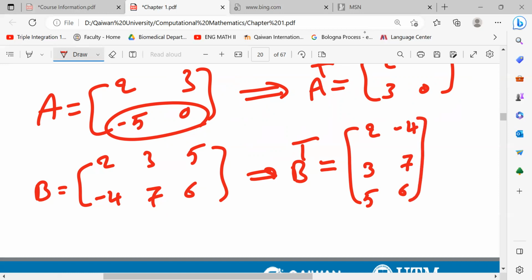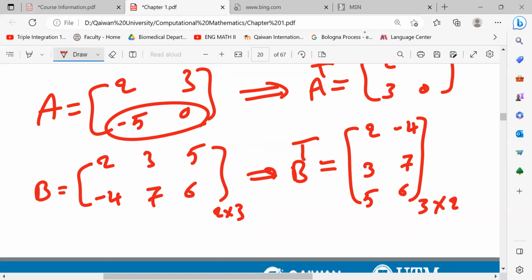As you see, in the transpose of a matrix, we just interchange rows and columns. So the number of rows becomes the number of columns, and also the number of columns becomes the number of rows. As you see, this is 2 by 3, and its transpose is 3 by 2.